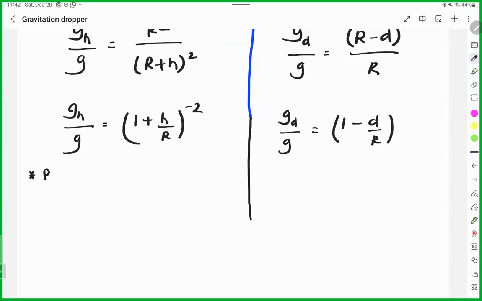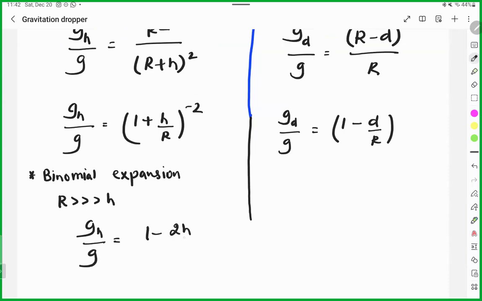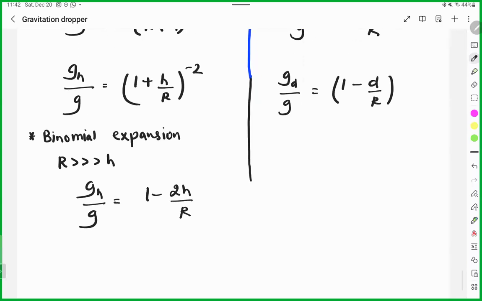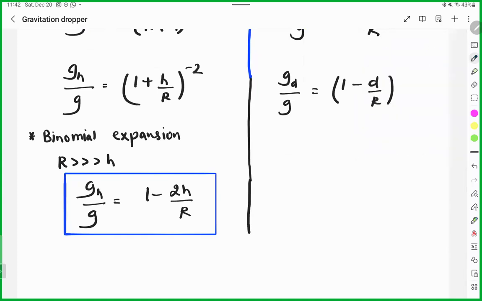If you take the binomial expansion, and only when R is much greater than h, then this value will be equal to 1 minus 2h by R. But only in this situation. This is universally the same thing, without any special case.